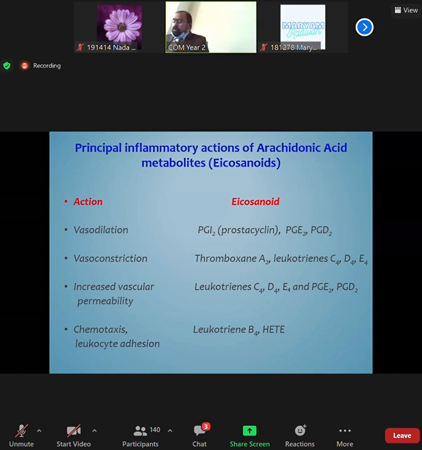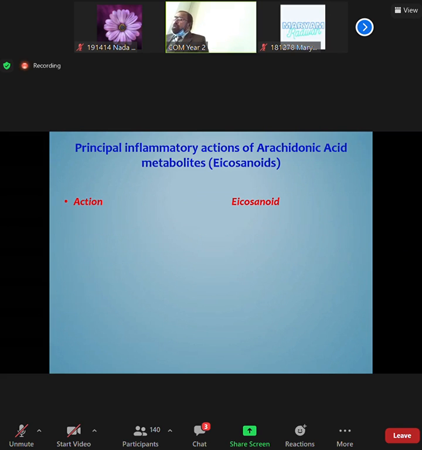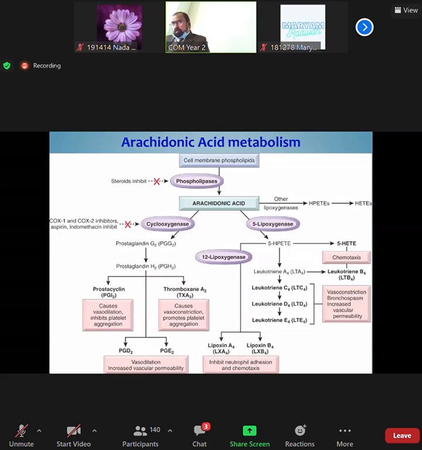And finally, chemotaxis by leukotriene B4 and HETE. Okay. So this is all written in this chart. You memorize this chart, and if you continuously see this chart, everything will come to your mind.